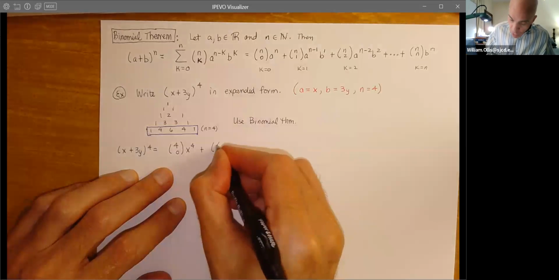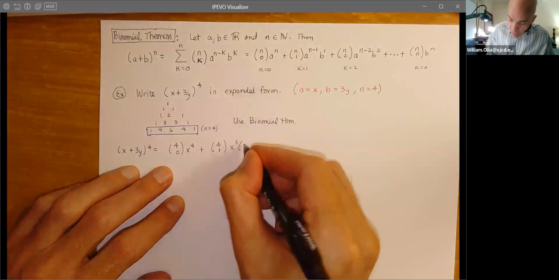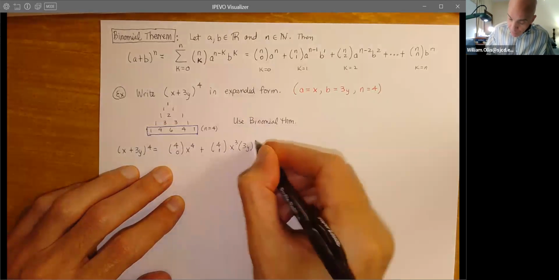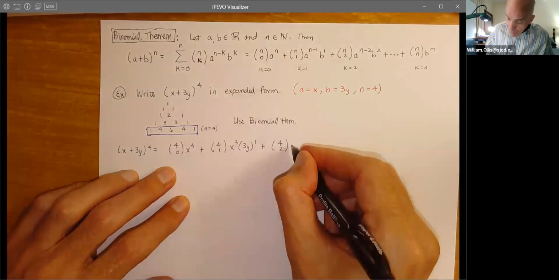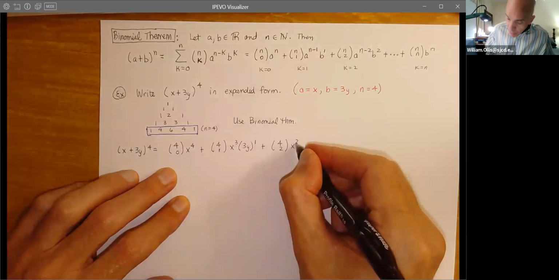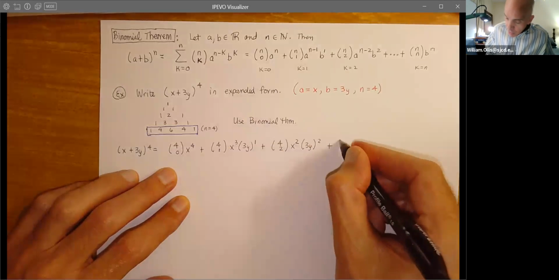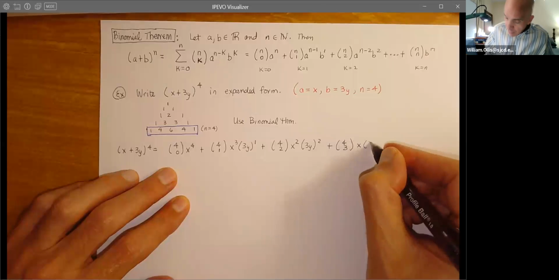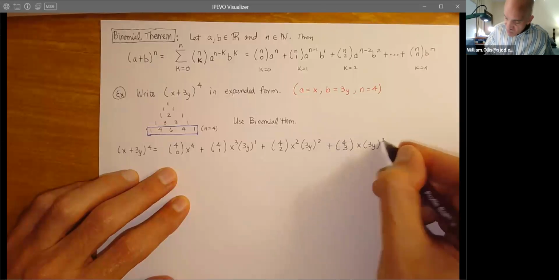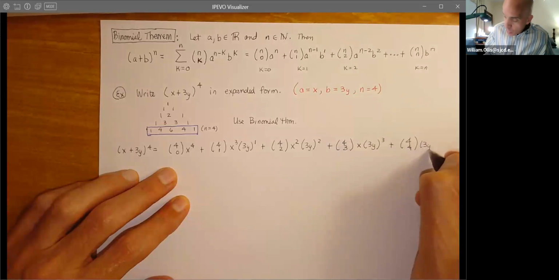Plus 4 choose 1, x to the 3rd, 3y to the 1st, plus 4 choose 2, x squared, 3y squared, plus 4 choose 3, x, 3y cubed, plus 4 choose 4, 3y to the 4th.